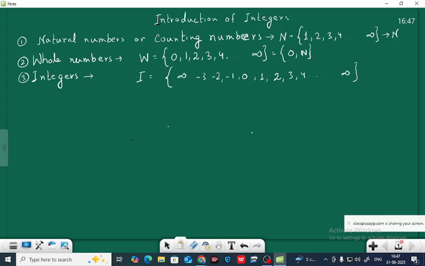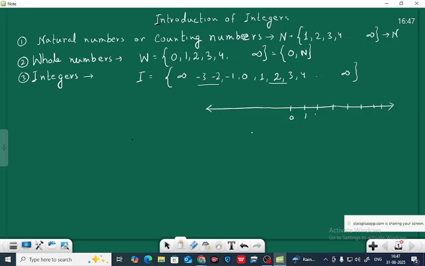That means integers are positive numbers, negative numbers, including 0. If we represent them on a number line, this is a line, in the middle it is 0, and on the right it is 1, 2, 3, 4, 5, 6, 7.